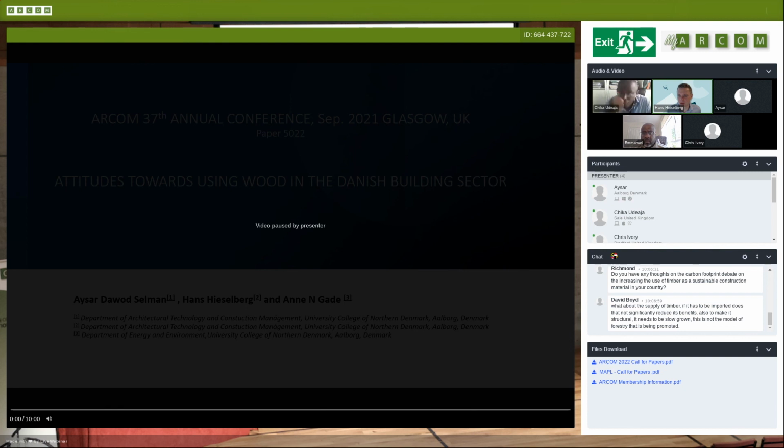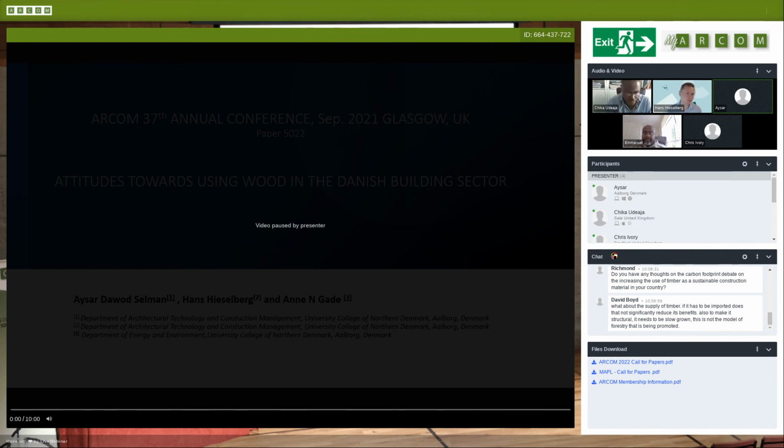Okay. And there was a question that was tied into this one. Do you have any thoughts on the carbon footprint debate on the increase in the use of timber as a sustainable construction material in your own country? Yes, we do have research work here in the State Building Institute.